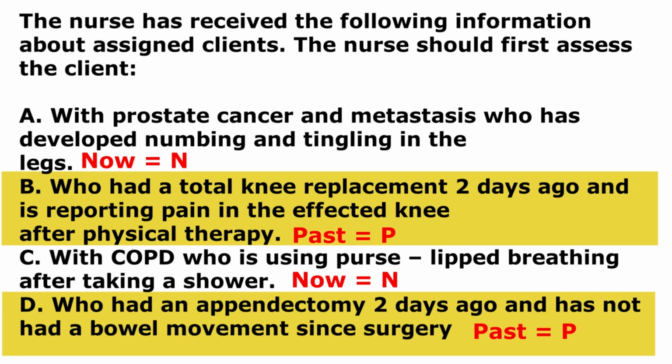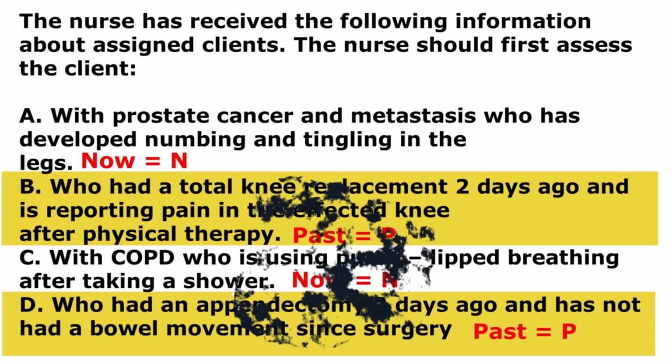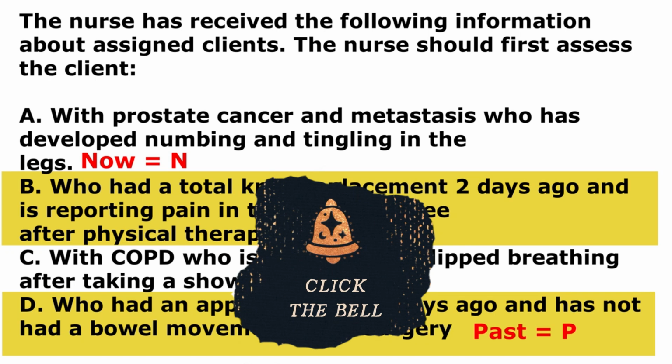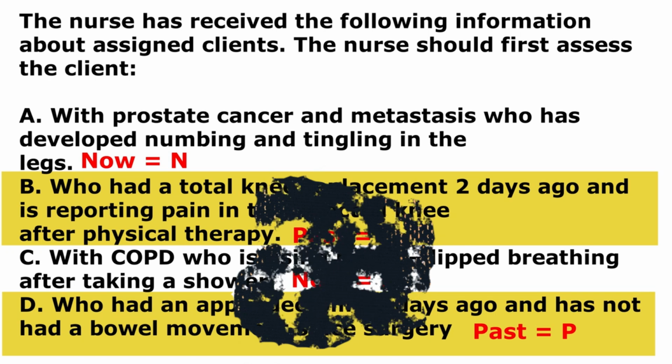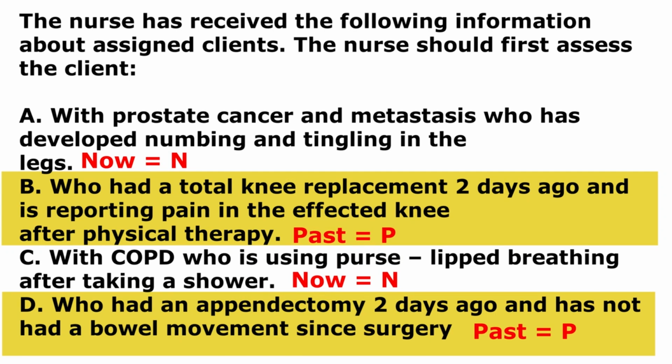Now, let's look at A. With prostate cancer and metastasis, who has developed? So they are developing the numbing and the tingling right now, right? Who has developed? If we look at C, that's also happening now.